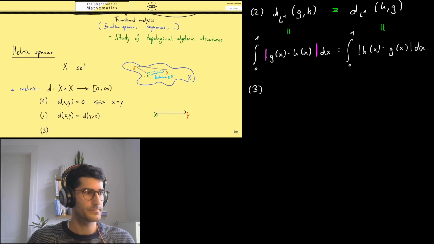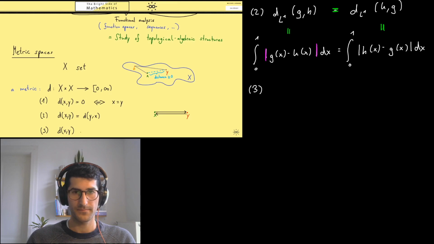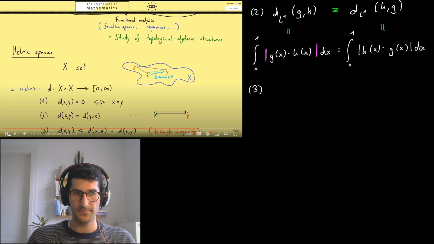In other words, if you add the gray lengths, then it gets longer than the blue line here. In a formal way, this means d of xy, the blue line, is less or equal than distance x to z plus distance z to y.